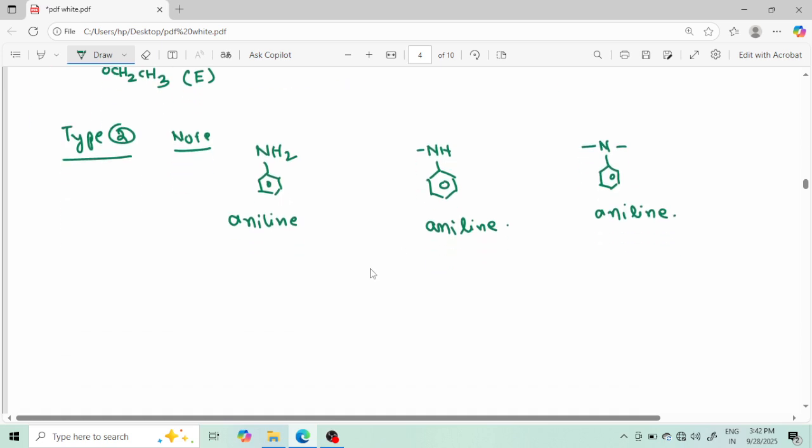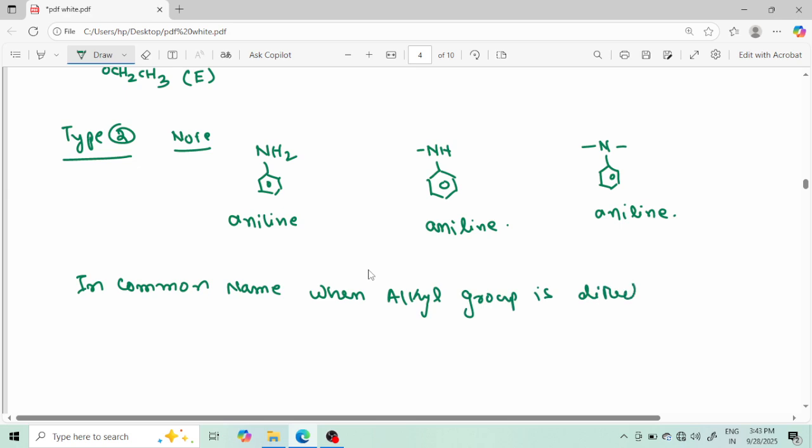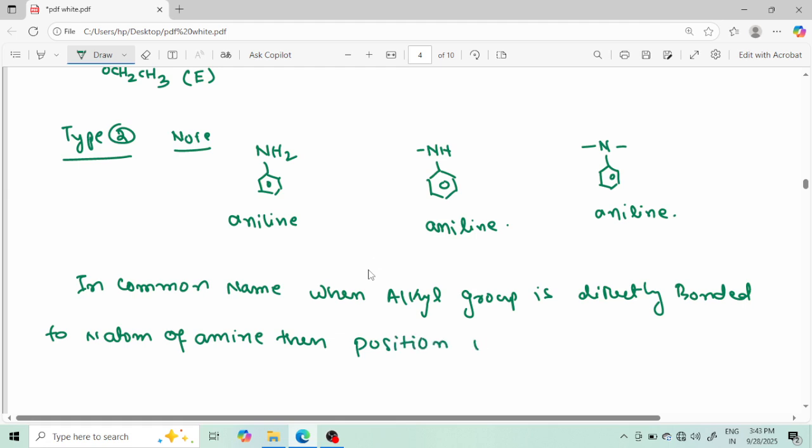So in common name, when alkyl group is directly bonded to nitrogen atom of amine, then position is shown by N.